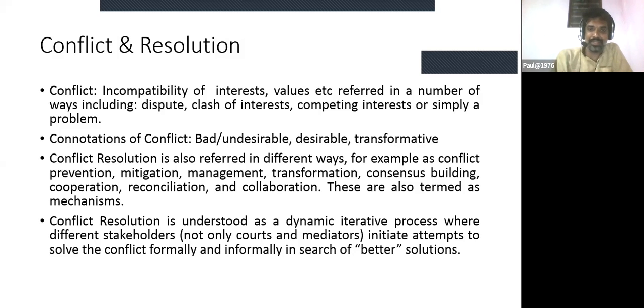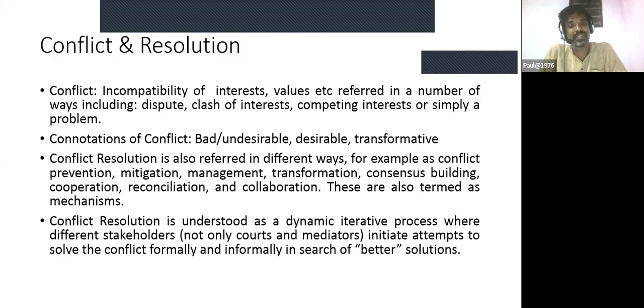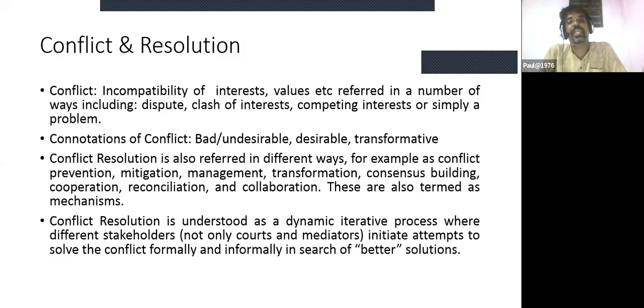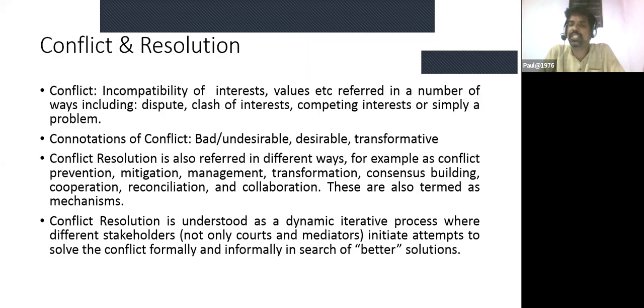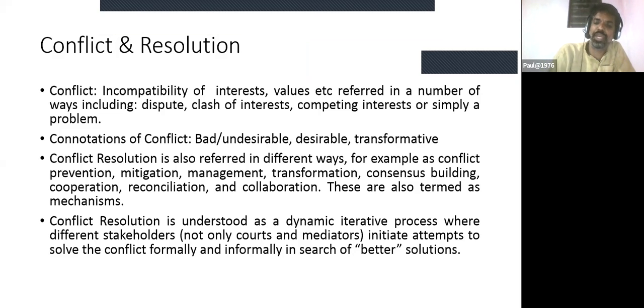And conflict resolution is understood as a dynamic, iterative process where different stakeholders initiate attempts to solve the conflict formally and informally in search of a better solution. In the conventional understanding, conflict resolution mostly happens in a society through courts, and there are mediators known as the arbitrators, adjudicators, or third parties, etc. But conflict resolution today has broadened its understanding.